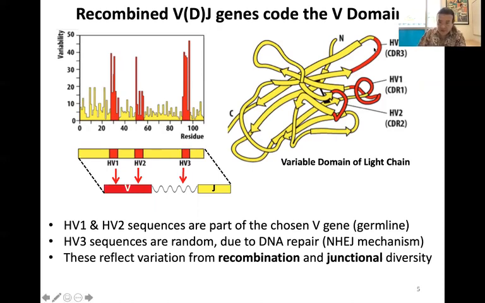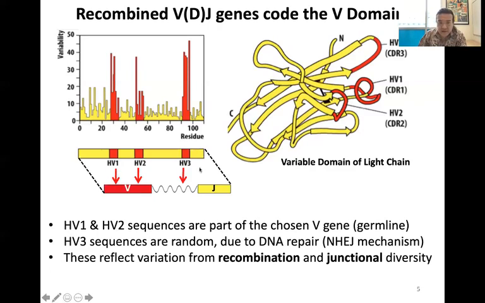If we took the variable domain of the light chain over here, most of it is yellow, meaning most of it is pretty standard and doesn't vary from immunoglobulin to immunoglobulin molecule that you randomly sample from your blood. But in these red regions, you see very high variability in the amino acid sequence. That gives the overall 3-dimensional shape, and that's what's going to determine what this thing can fit up against, just like 2 puzzle pieces coming together.